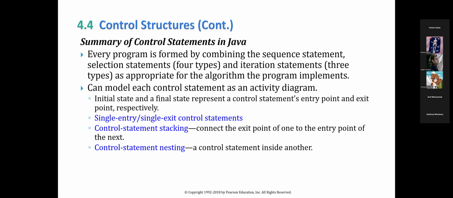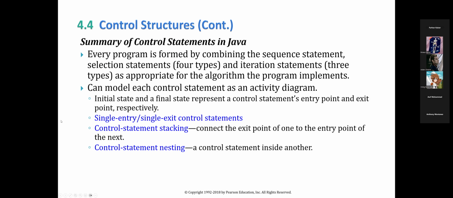Every program is formed by combining sequences of statements, selection statements, of which there are 4 types, and iteration statements, 3 types, as appropriate for the algorithm the program implements. The control statements can be seen as an activity diagram. Usually it has the initial state and the final state. They represent the control statement's entry point and exit point respectively.